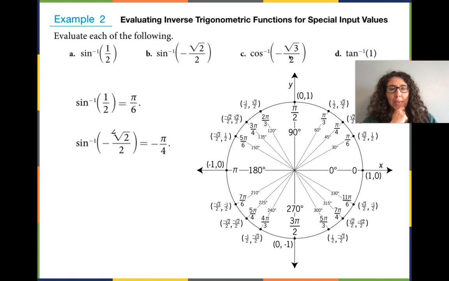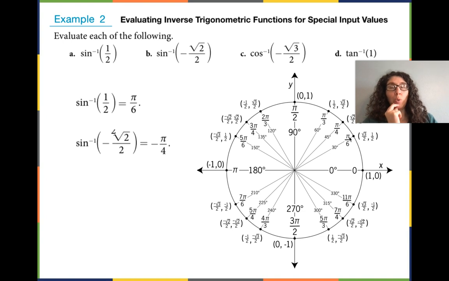All right, let's look at this next one. Inverse cosine of negative square root of 3 over 2. Cosines are x values. So cosine of what equals square root of 3 over 2? That's going to be pi sixth, right?